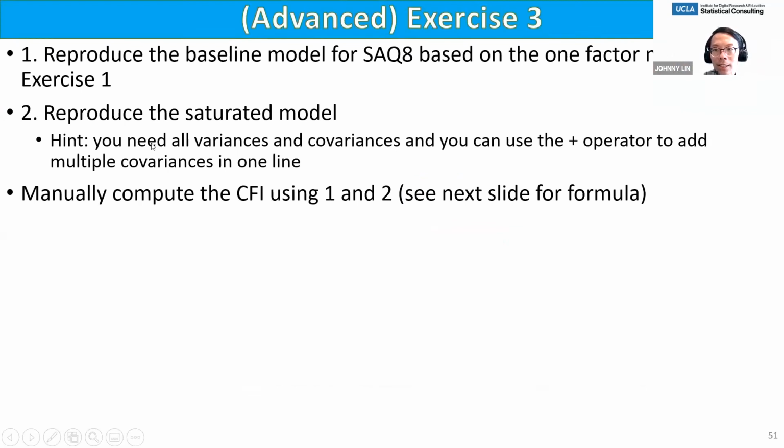The hint is you need all the variances and covariances in the saturated model, and then you can use the plus operator to add multiple covariances in one line. So that's the hint.